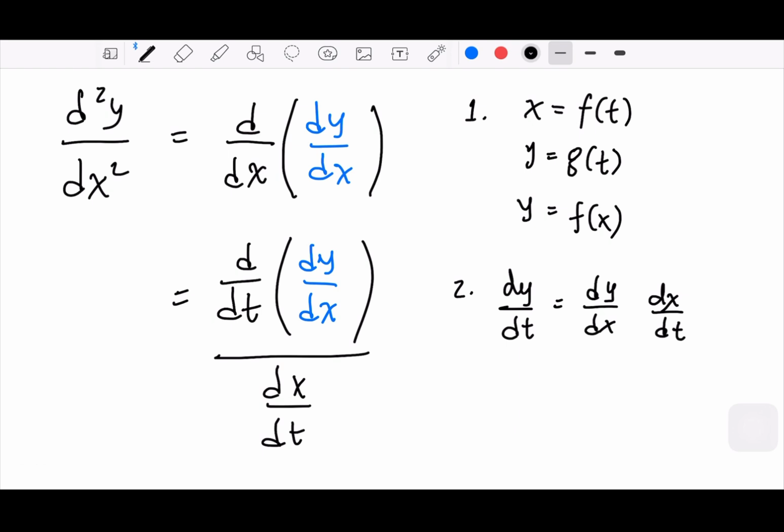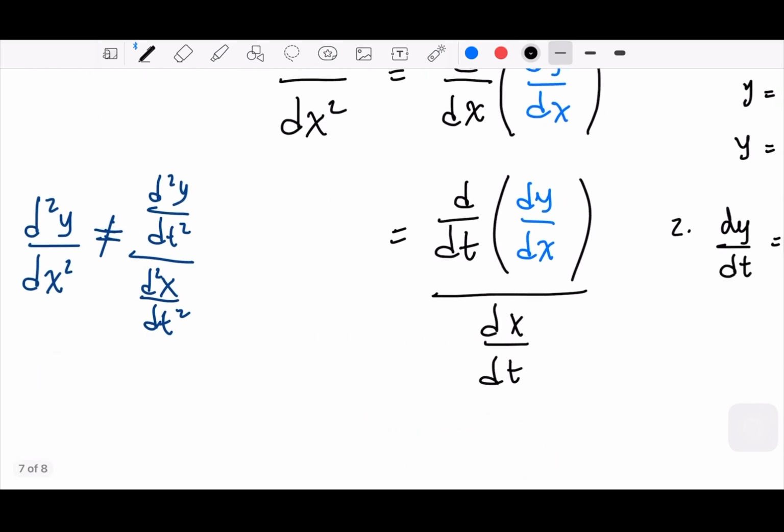Because we have this connection, dy/dt is equal to dy/dx multiplied by dx/dt. That is our chain rule connection. So this is our rule. When we have this, let me show you the beginning.